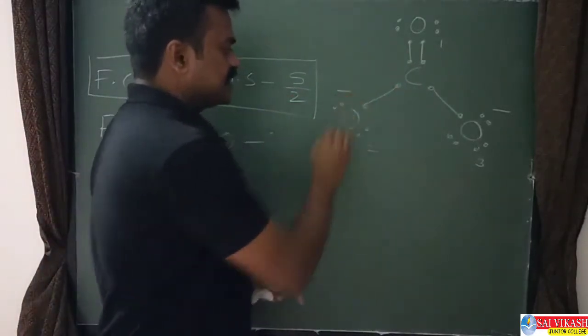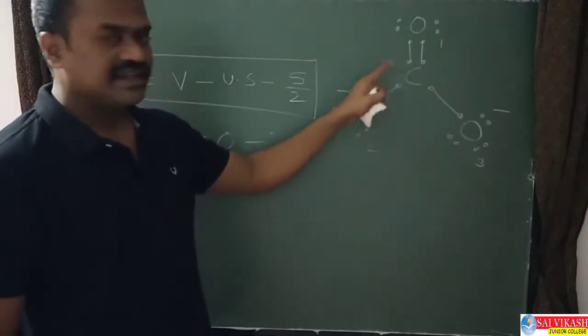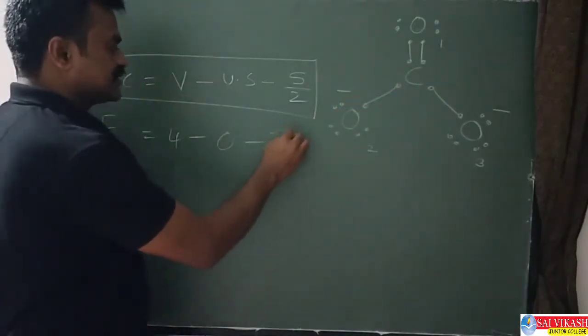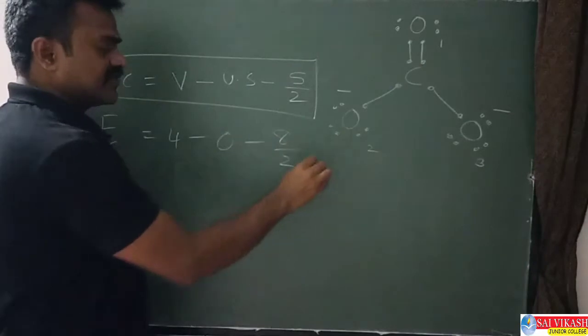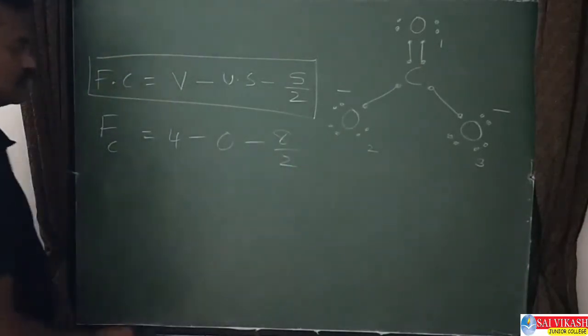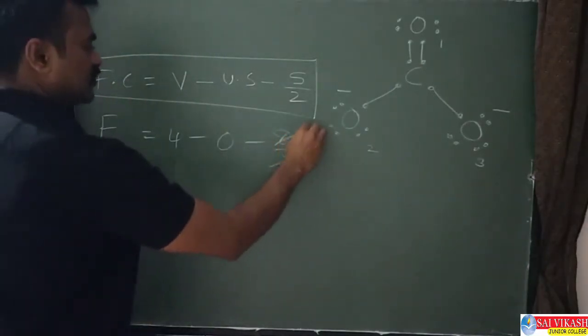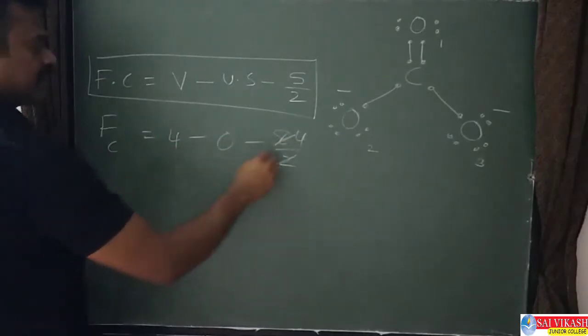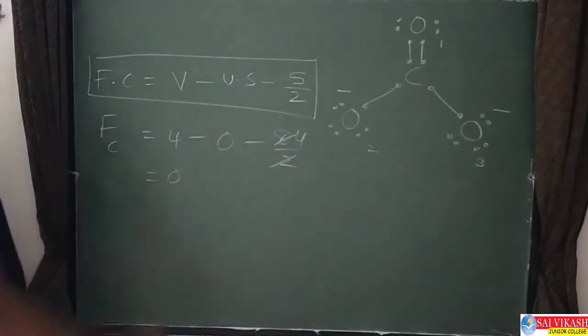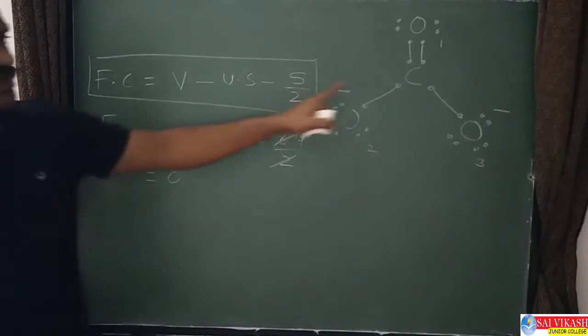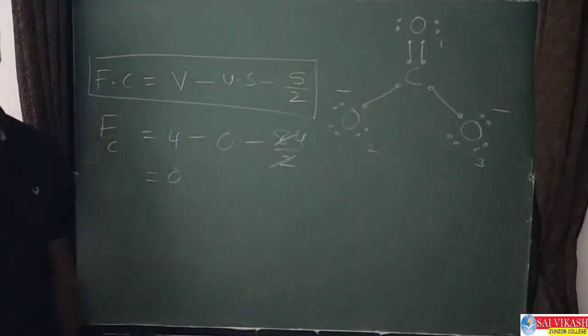So this is 8 electrons, totally 8 shared electrons, divided by 2. So this is how much now? 4. So 4 minus 4 is 0. So the formal charge of this carbon is 0.